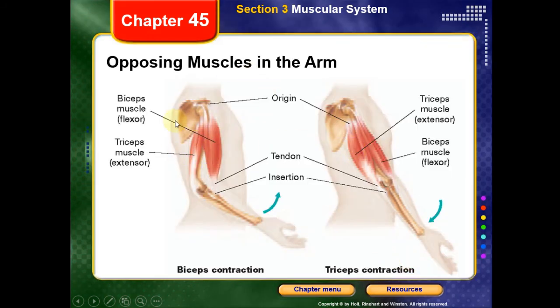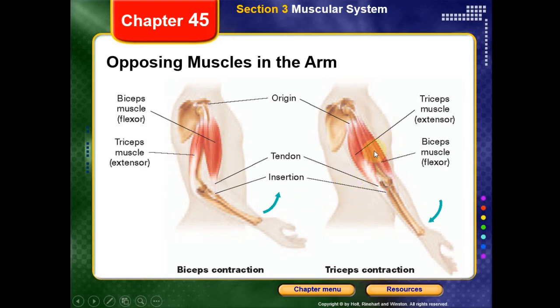Look at this picture. If we talk about the biceps and the triceps, by the way, biceps because it has two heads, triceps has three heads. Anyway, in this situation, when you are raising your arm up, the biceps will be the flexor, while the triceps will be the extensor.